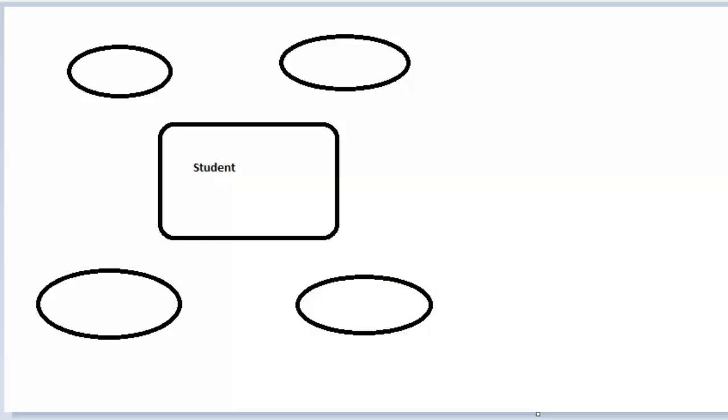So what were the member variables? The name, the roll number, number of subjects and favorite subject, right?